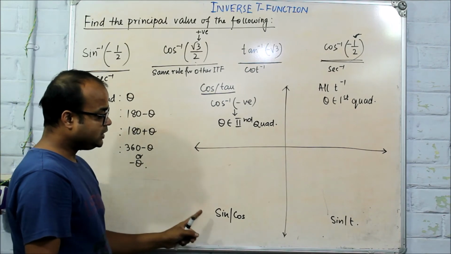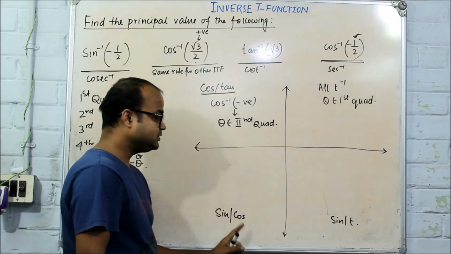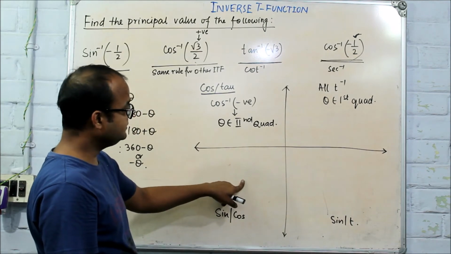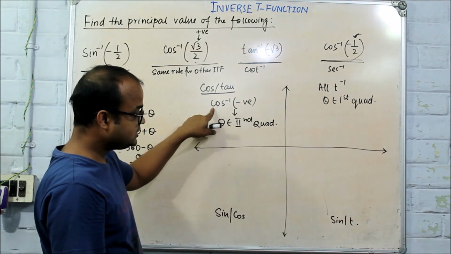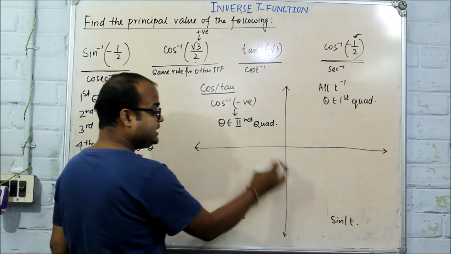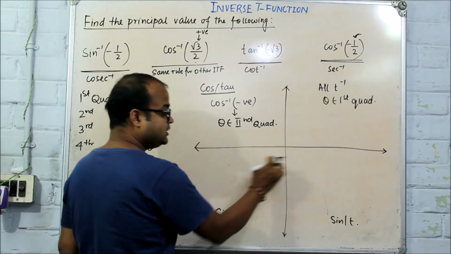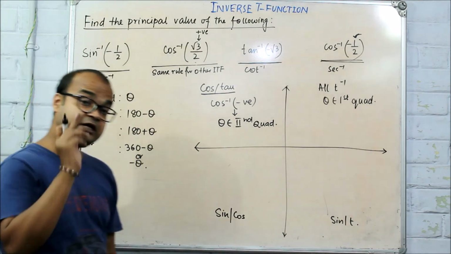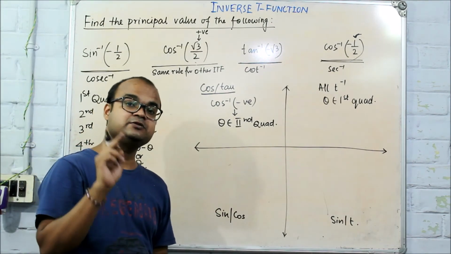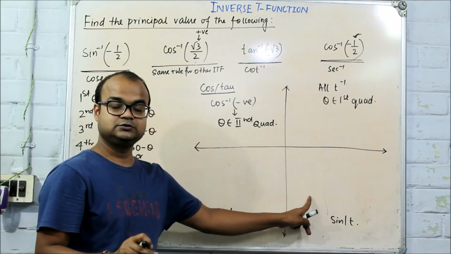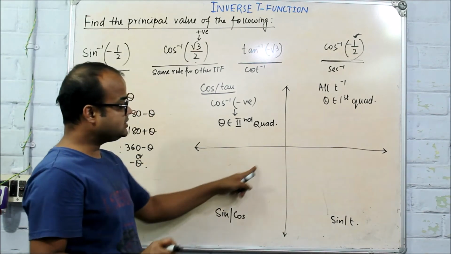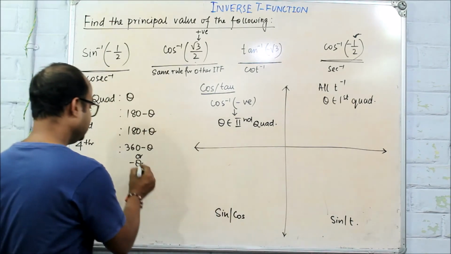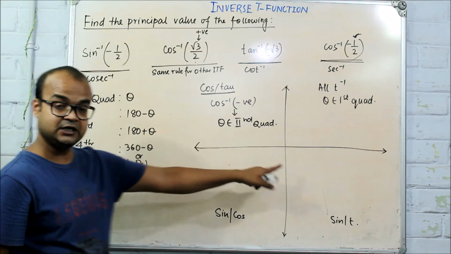So cos inverse we discussed. Now looking into sine inverse, in this quadrant sine and cos are negative. Cos negative we already discussed. Now sine is negative in the third quadrant or in the fourth quadrant. In which case is your angle minimum, third or fourth? You may say this is 180 to 270 or 270 to 360, but you can write this as minus theta.